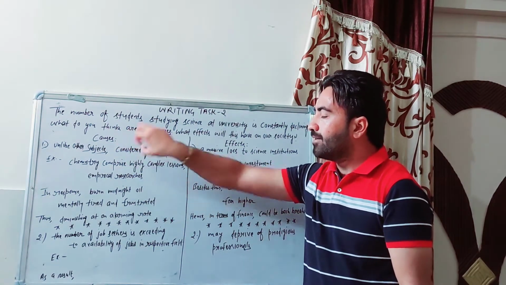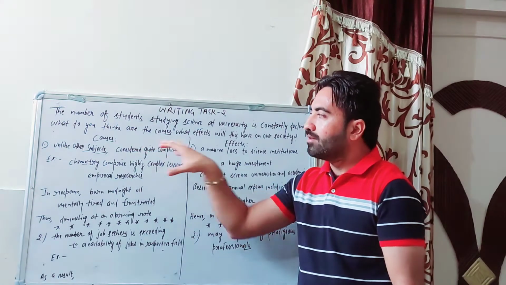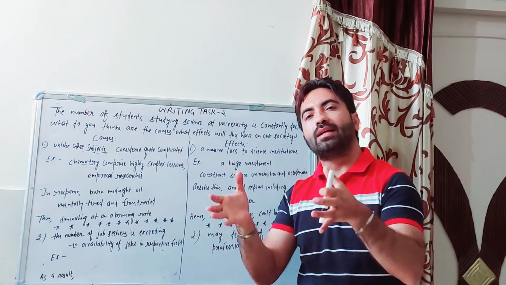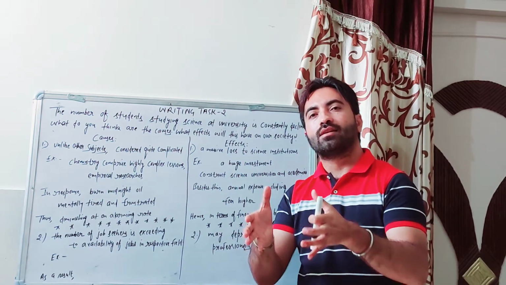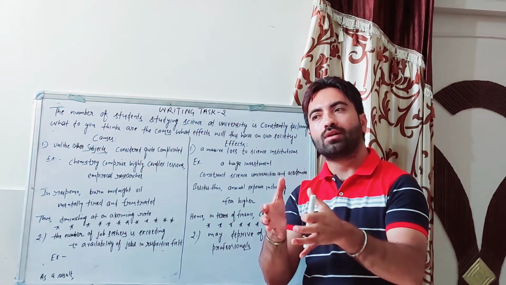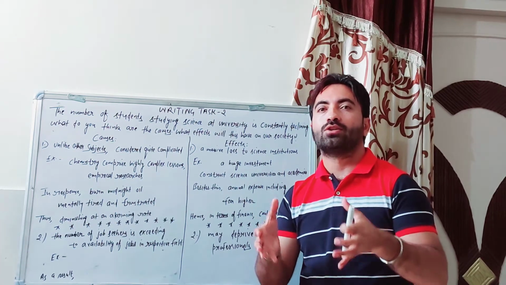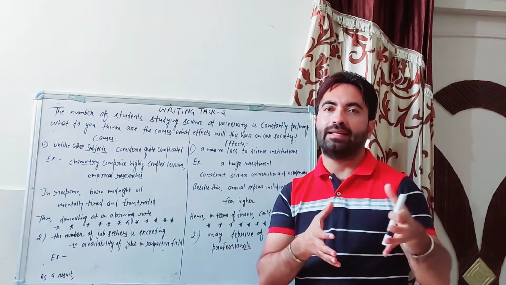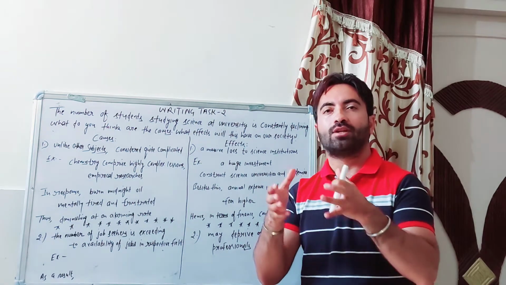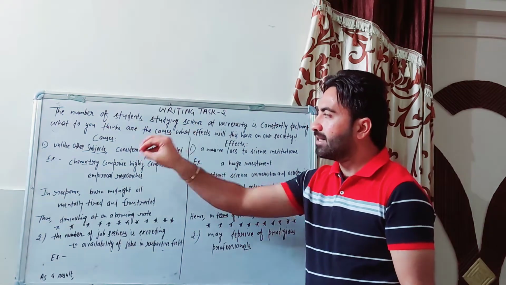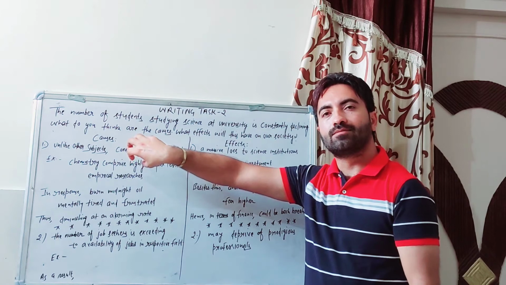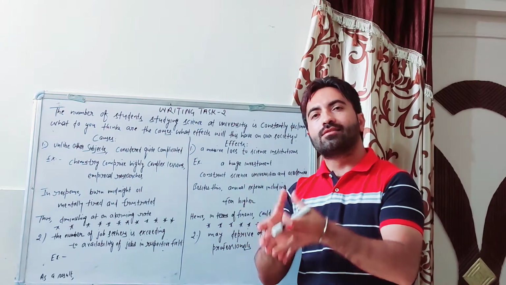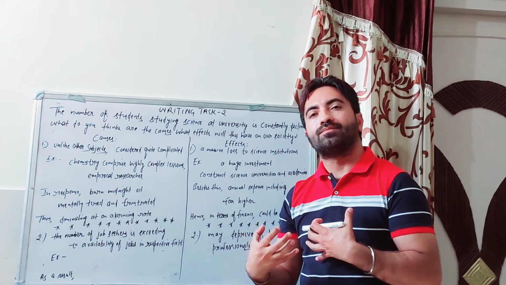We have got the first reason: unlike other subjects, science is considered quite complicated and it requires a great deal of hard work, intelligence, and commitment to outdo others or to perform outstandingly. Once again, I will repeat the first point: unlike other subjects, in comparison with other subjects, science is considered quite complicated.